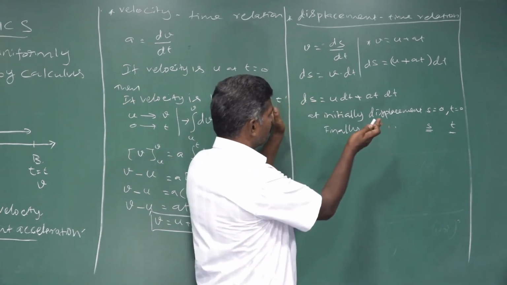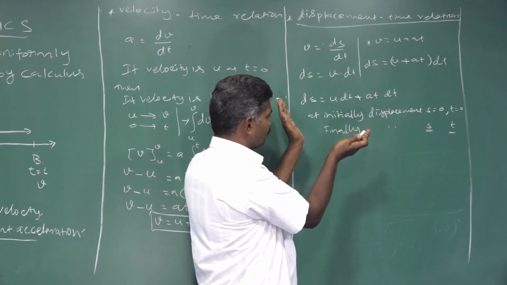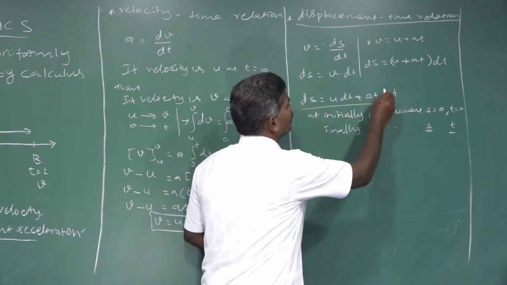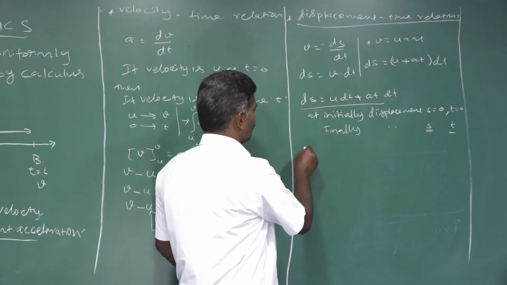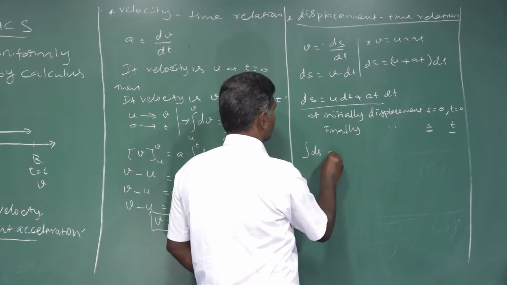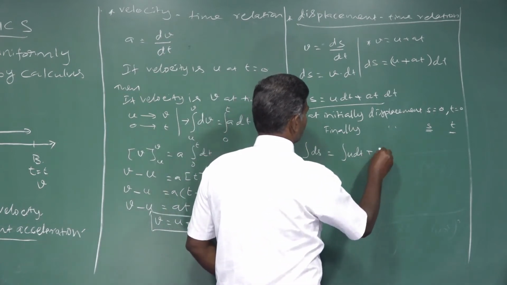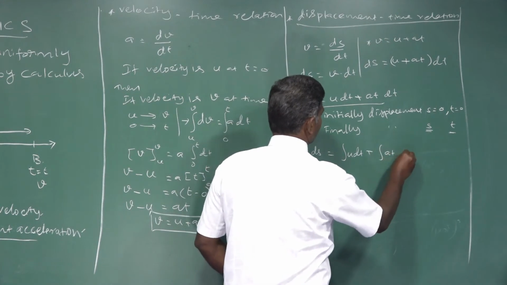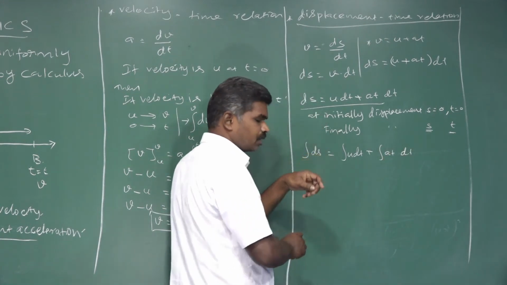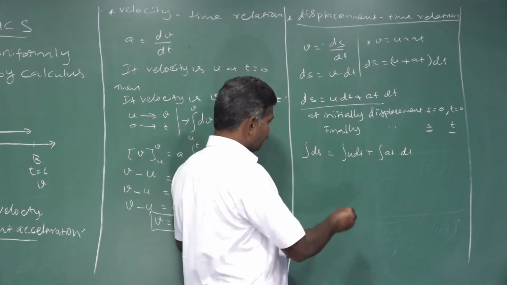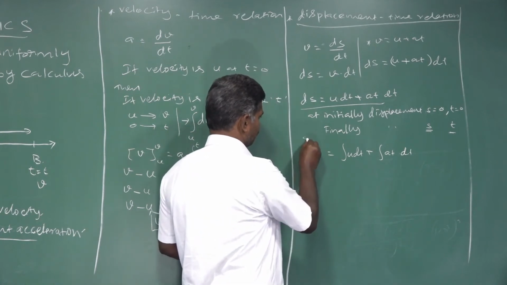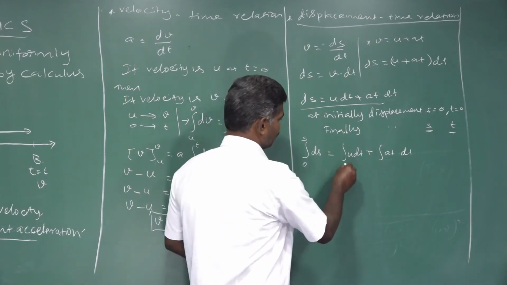So we are going to derive the expression for the displacement. We are making the integration of this equation. So integral ds equal to integral u dt plus integral at dt. Here we want to substitute the limitations. The displacement limitation is 0 to s. Time limitation is 0 to t.